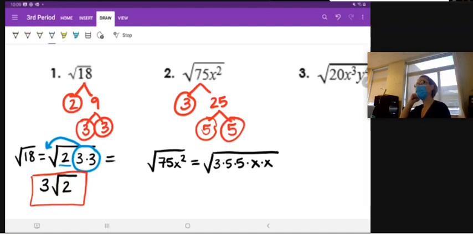Step 2 remains the same. Circle any pairs and pull the pairs out front. So I see a pair of 5's and I see a pair of x's. What that means is we're going to pull a pair of 5's out front and we're going to pull a pair of x's out front. You can pull out multiple things.